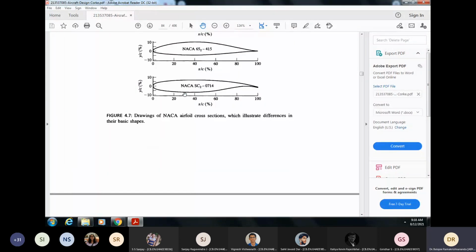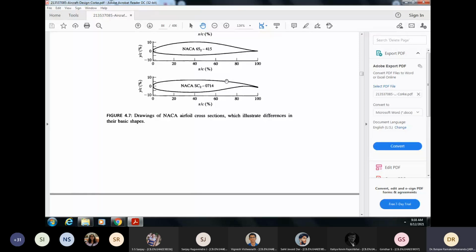See, SC, the supercritical Mach number. This is a transonic airfoil. Look at the shape. It has a large leading edge radius. Then it is pretty thick and almost straight up to the half chord or more than half chord.